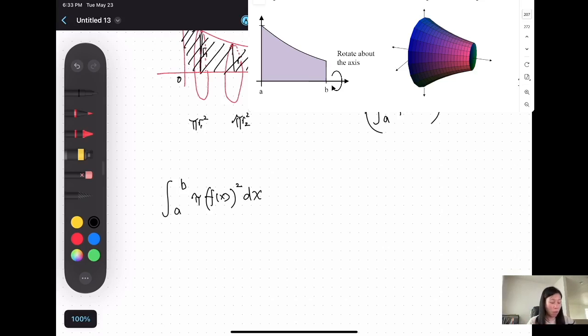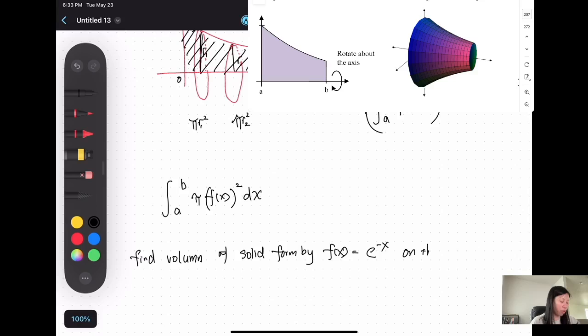For example, I want you to find the volume of the solid formed by rotating the area under f(x) equals e to the negative x on the interval from 0 to 1, and above the x-axis. So what will be the volume?